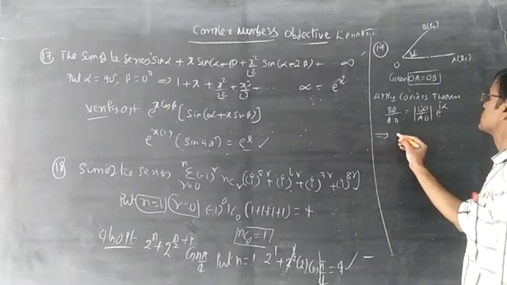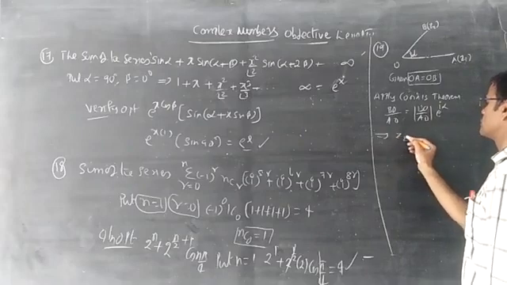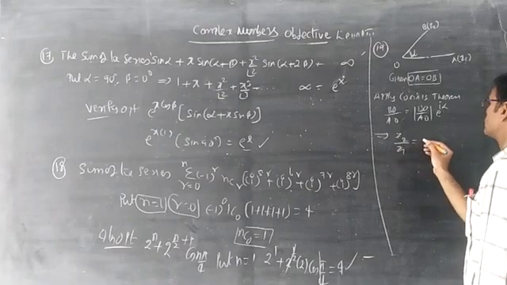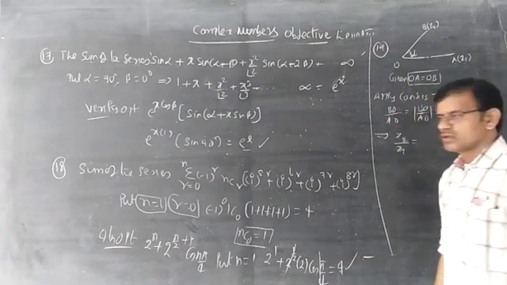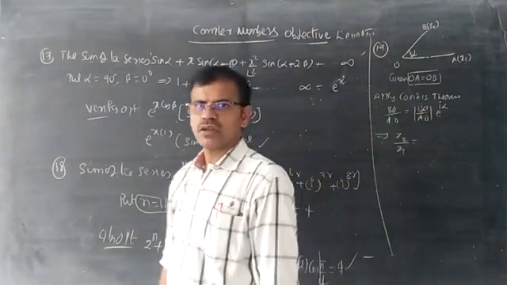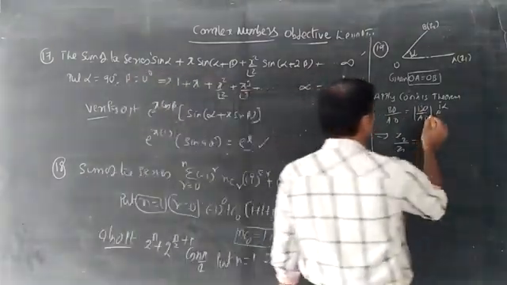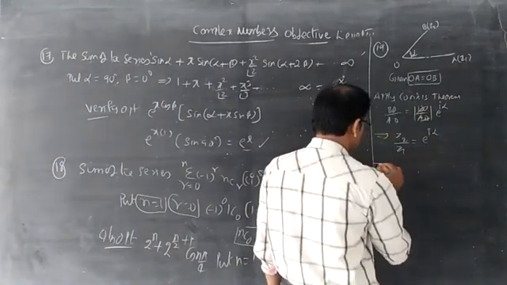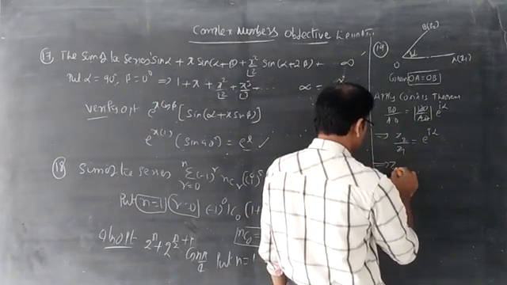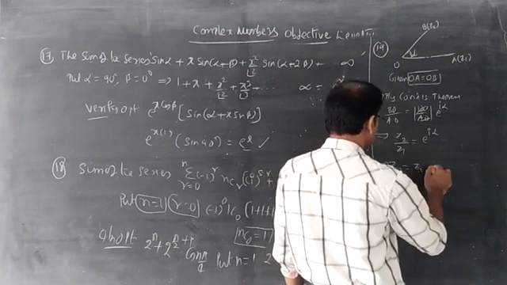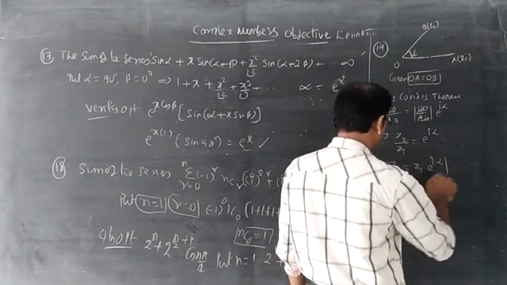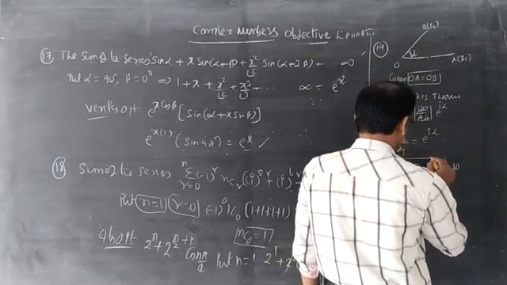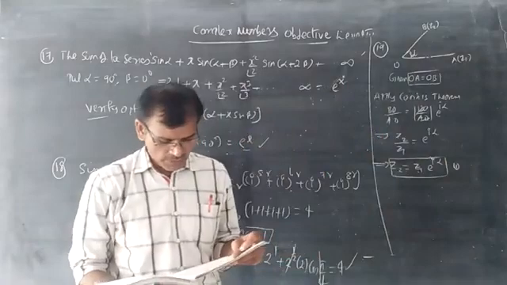That implies Z2 by Z1 is equal to, since OA equals OB, the magnitudes are equal and will get cancelled, e power i alpha. So Z2 is equal to Z1 into e power i alpha. This is the relation, the first equation.